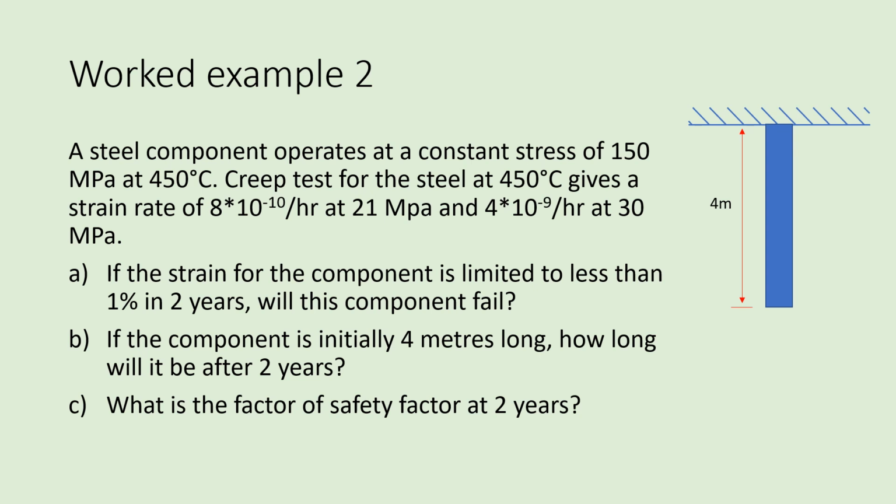Creep tests for the steel at 450 degrees Celsius give a strain rate of 8 times 10 to the negative 10th with units of 1 per hour at 21 megapascals, and 4 times 10 to the negative 9th at 30 megapascals.